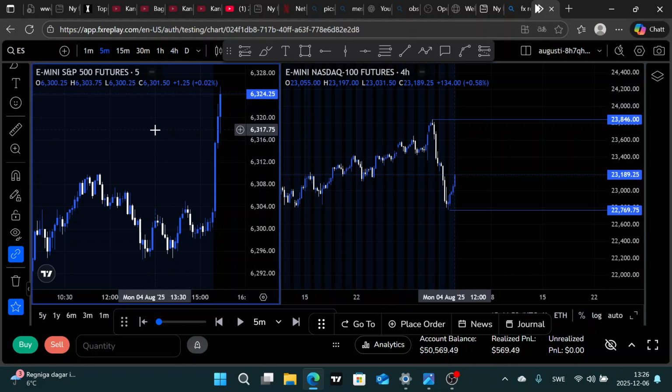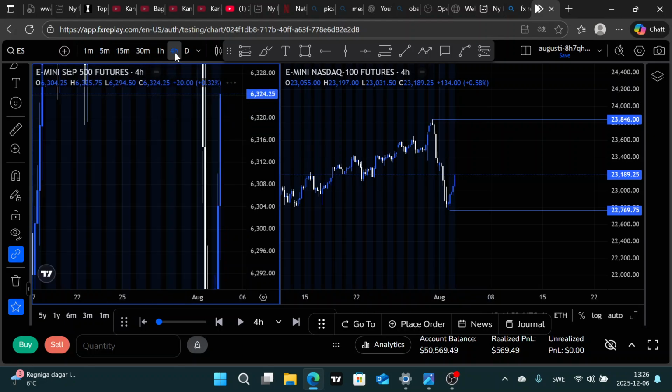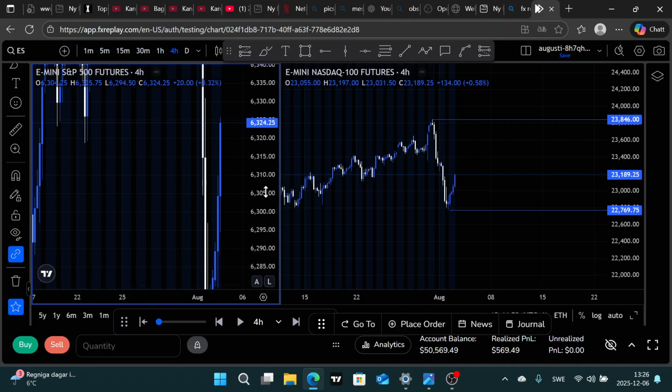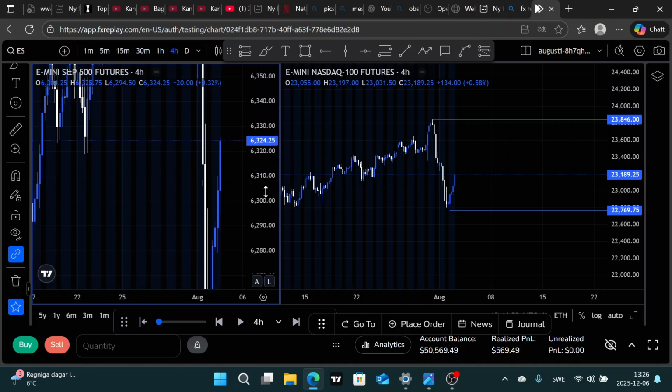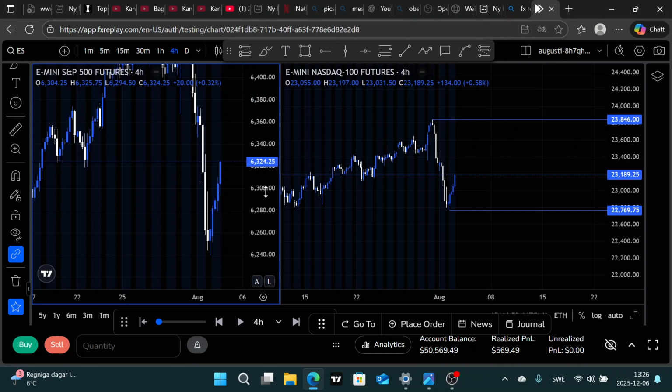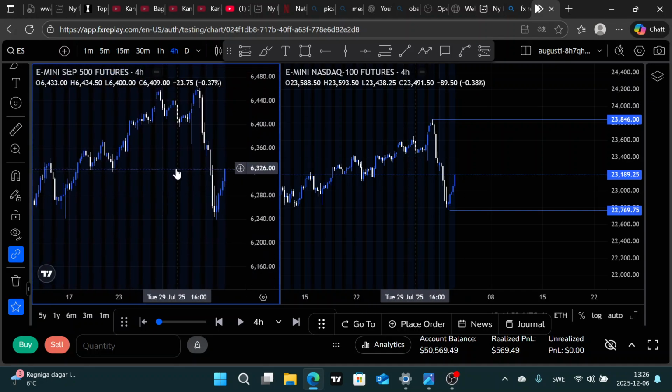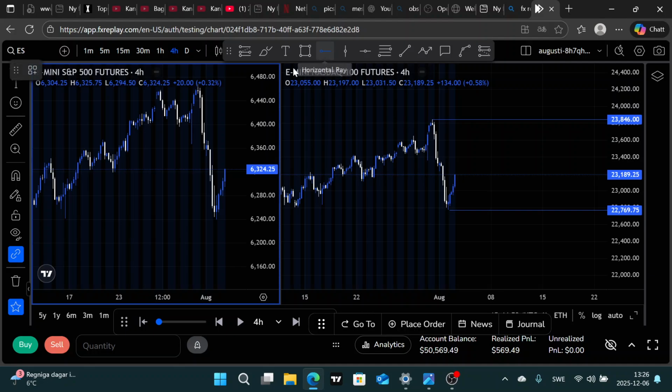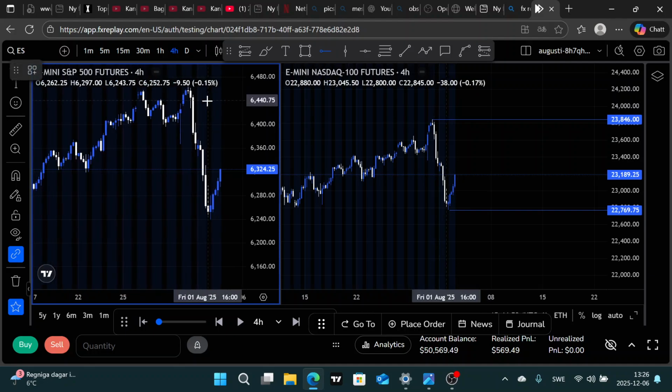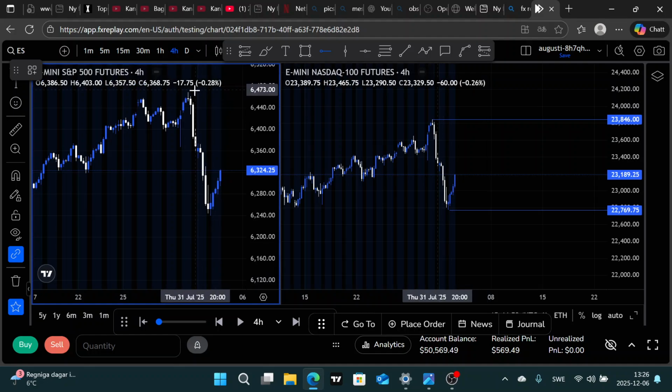And then on the left hand side we have ES. I only trade ES and NQ, which are correlating assets, and we mark out our buy side and sell side here as well.